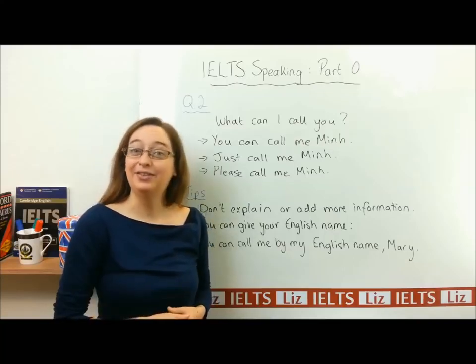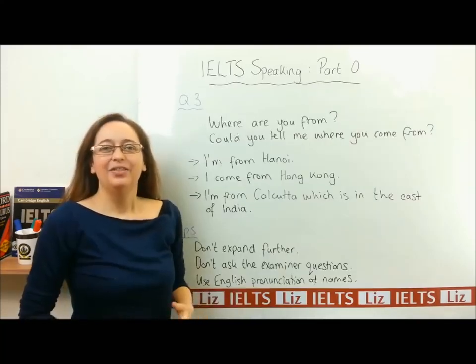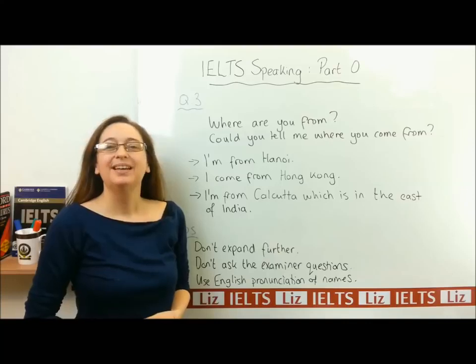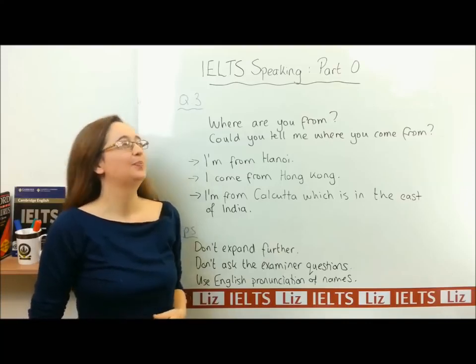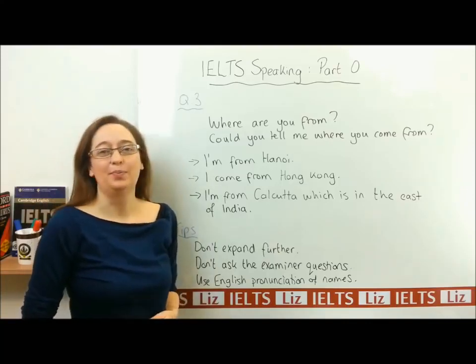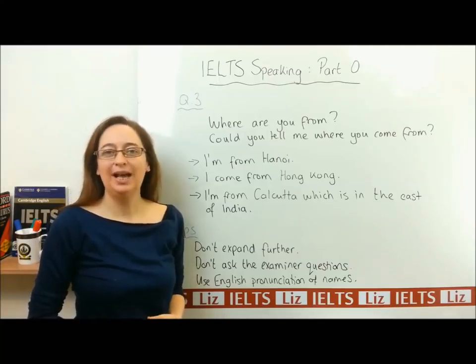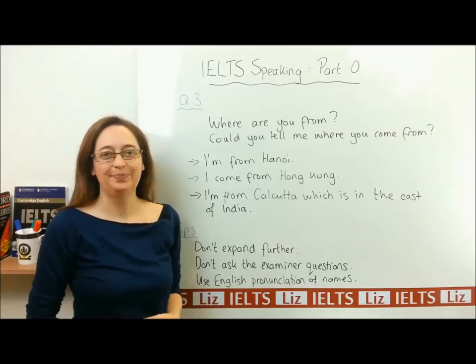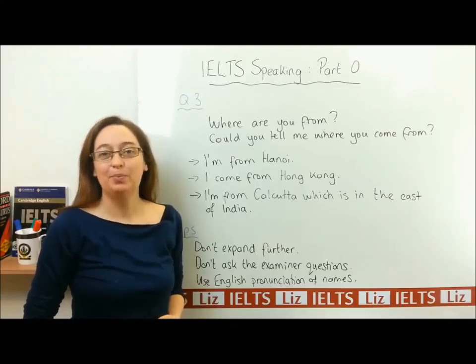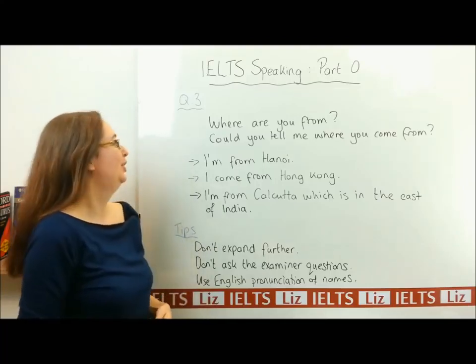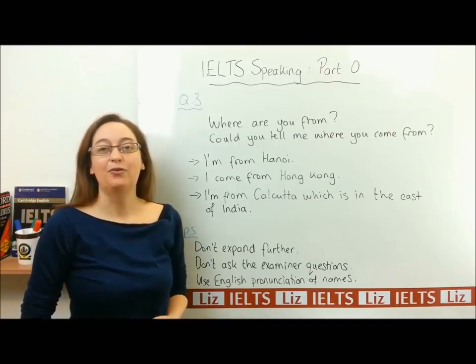So let's have a look at the third question. The examiner will ask you, where are you from? Or the examiner might say, could you tell me where you come from? Now, let me give you some possible answers. You could say, I'm from Hanoi.